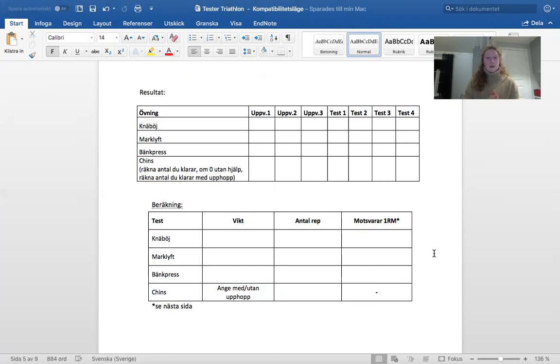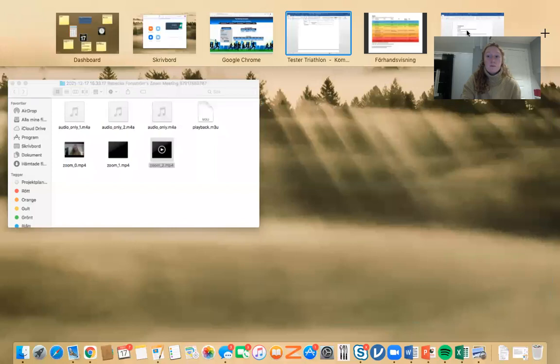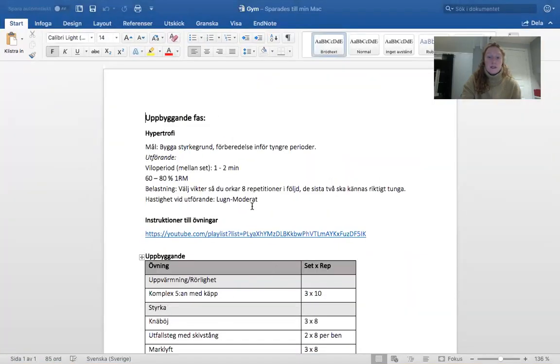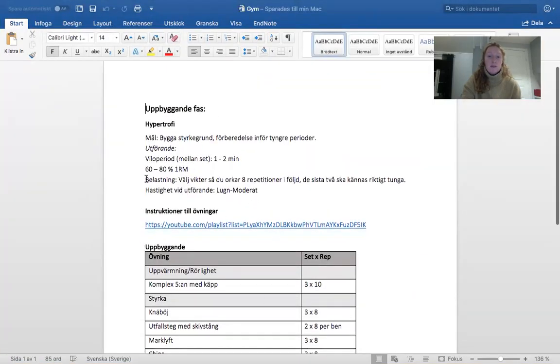This number is supposed to help you to evaluate how your strength training goes, but also you can use this in your strength training. I've written that you should aim to do 8 repetitions, but that the last 2 should be hard. You can also have a look at this guideline that says that you should go for 60 to 80% of 1 repetition maximum, somewhere along that line.